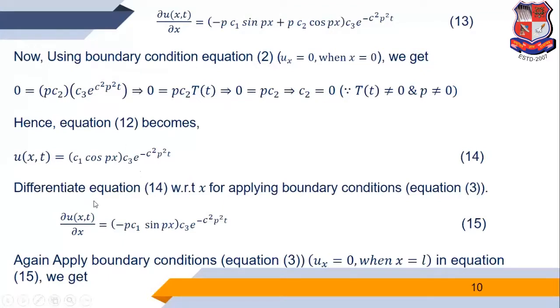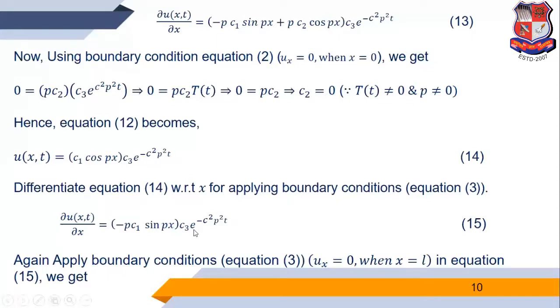Again we apply the boundary condition equation 3. We differentiate equation 14 with respect to x. So therefore del u by del x is minus pc1 sine px c3 e raised to minus c square p square t, which is called equation 15.